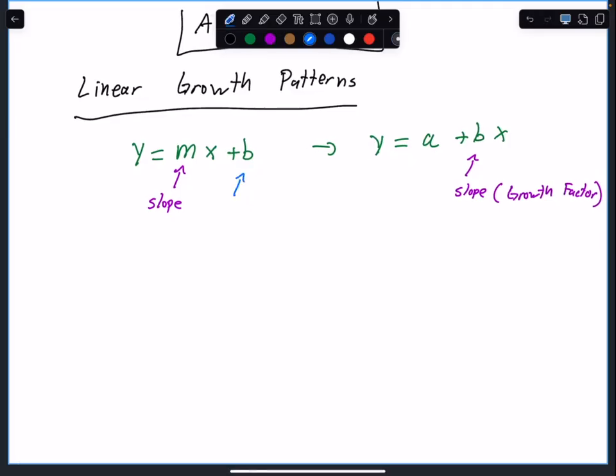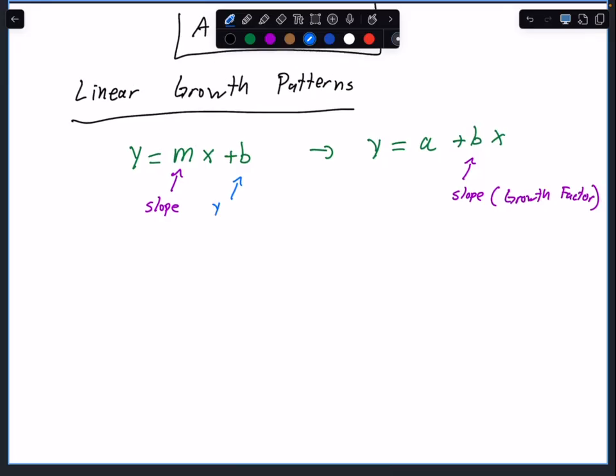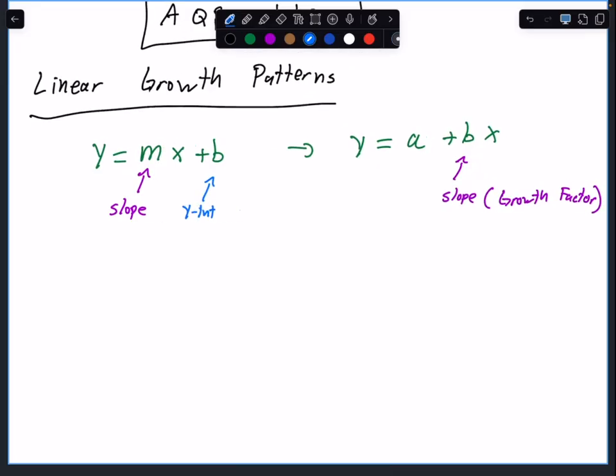B is referred to as the y-intercept. And a is still the y-intercept, but we can also call it what?